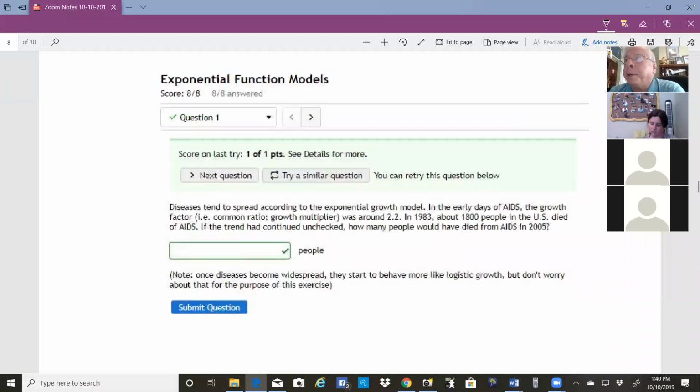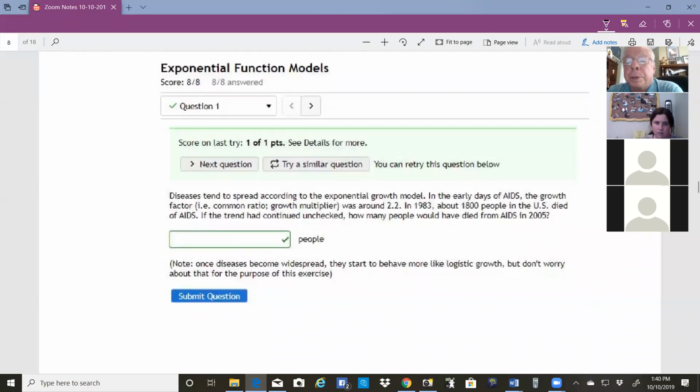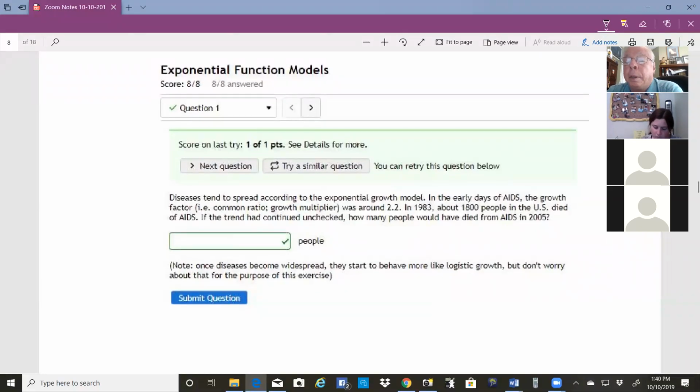Okay, now exponential functions. Now this one is about way back a good while ago, we had an AIDS epidemic and the number of people dying was increasing rapidly.